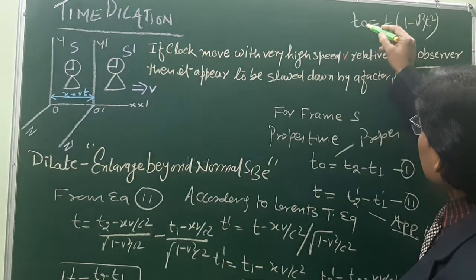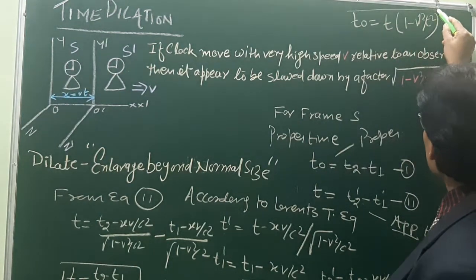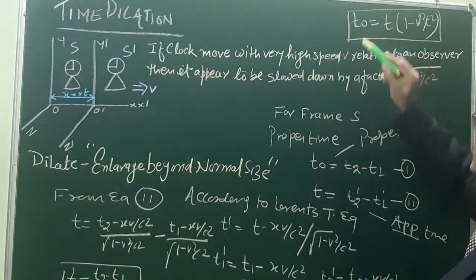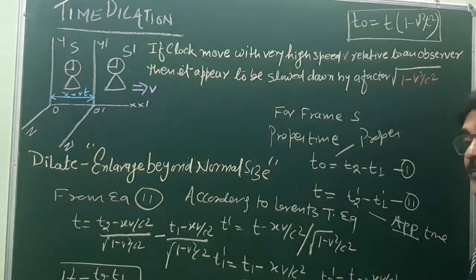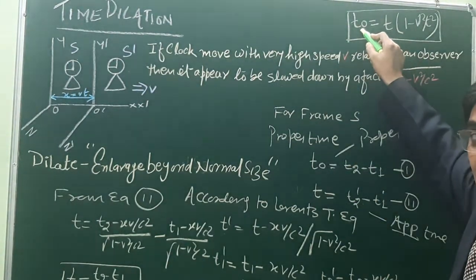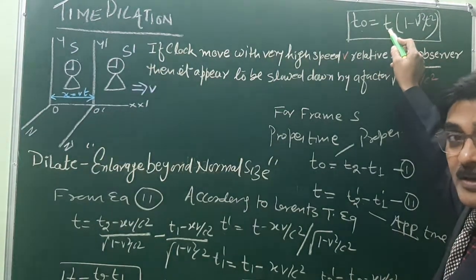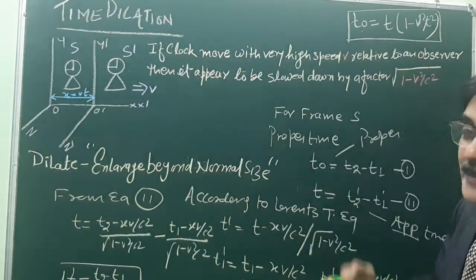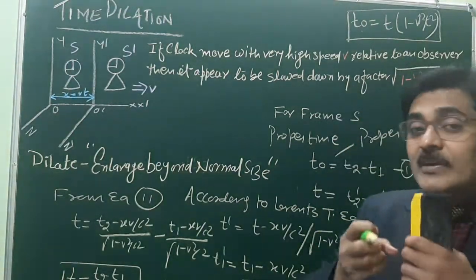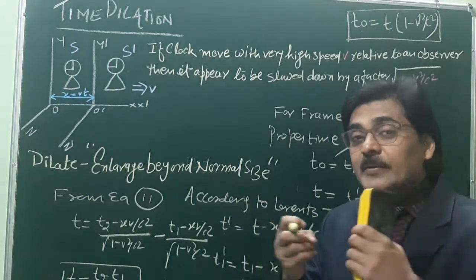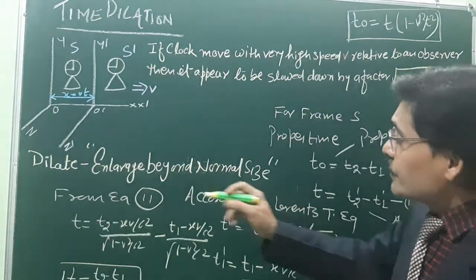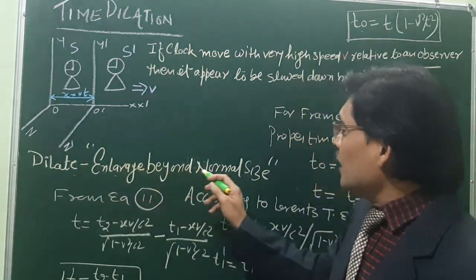So what does this answer conclude? The clear-cut answer is that the proper time decreases and the apparent time increases as per time dilation. So time dilation proves that time will always be dilated, in the direction of increment, not decrement. Time is always dilated because dilated means enlarged beyond the normal size.